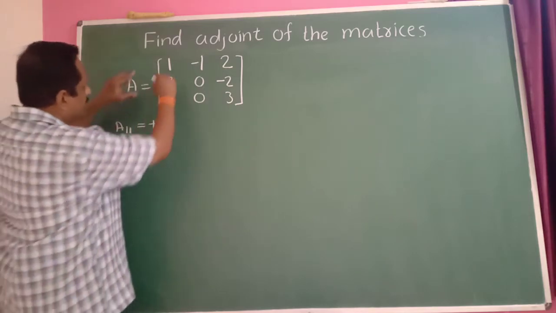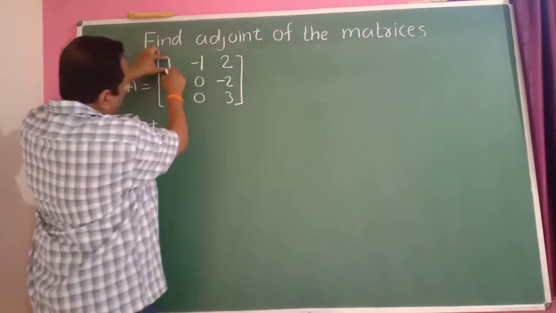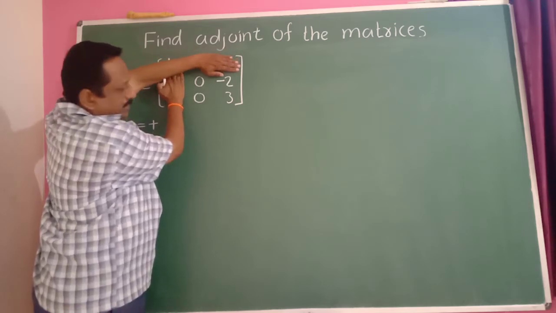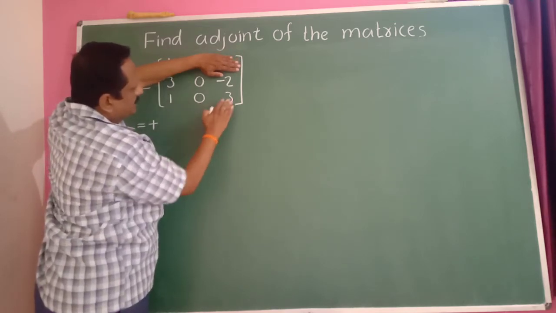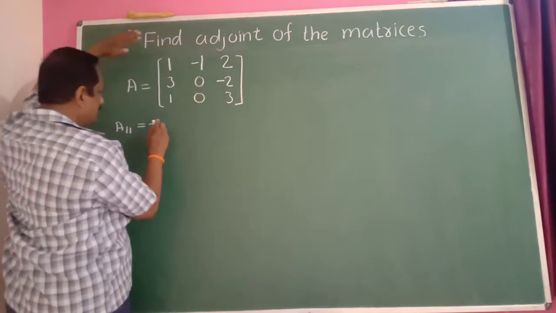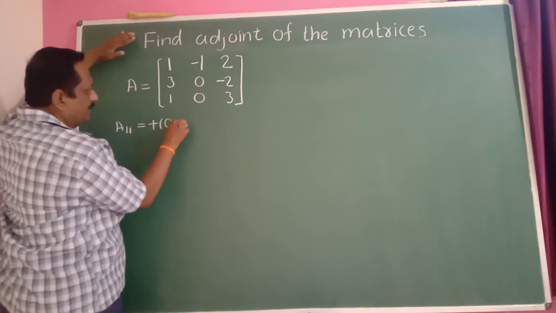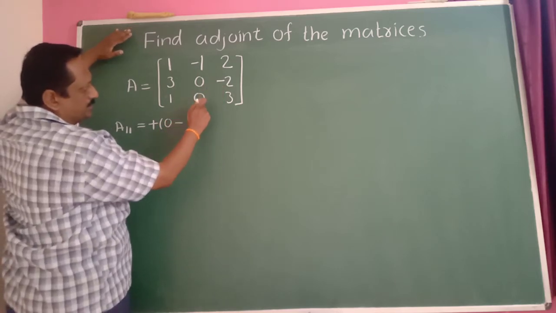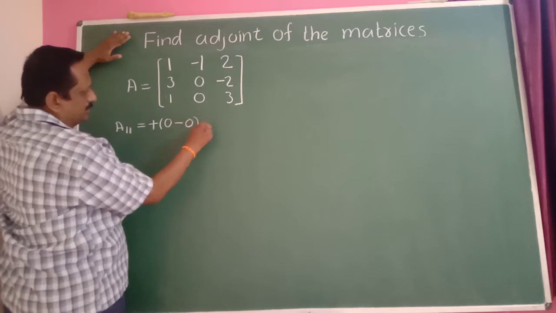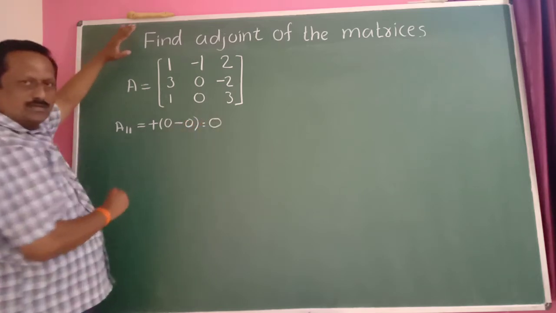Deleting this first row and the first column here, these are the remaining elements. Then determinant of this one here. So directly expand it here. 0 into 3 becomes 0. So write here 0. Minus 2 into 0 becomes 0. These are 0 here. Is equal to 0.